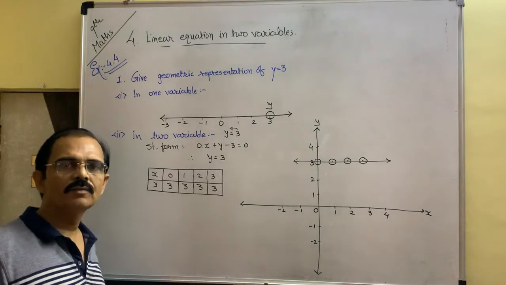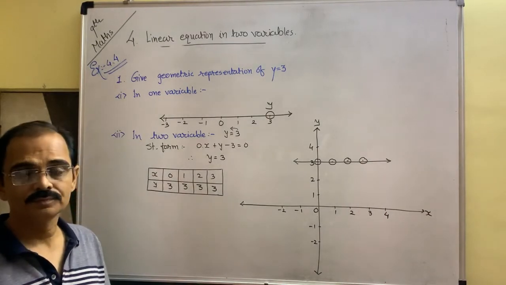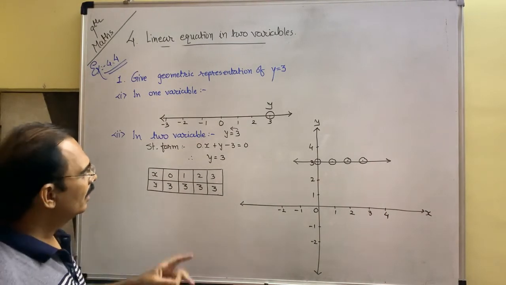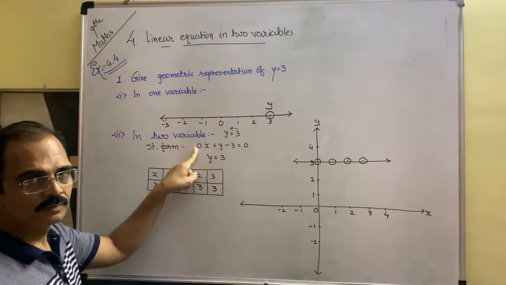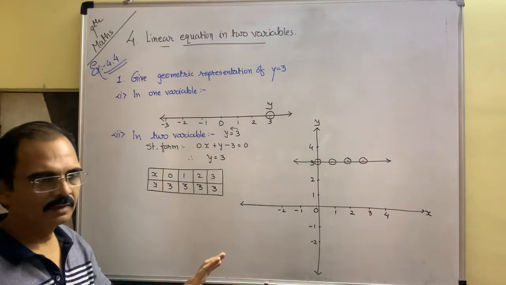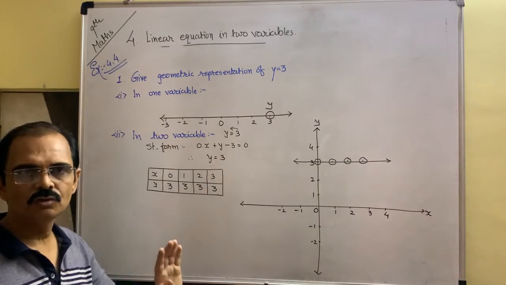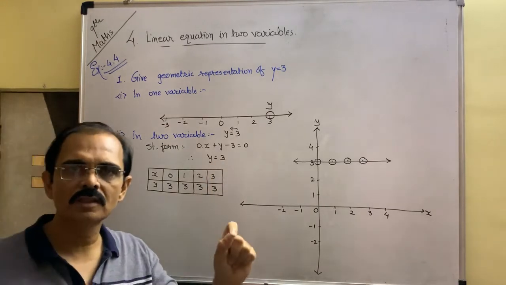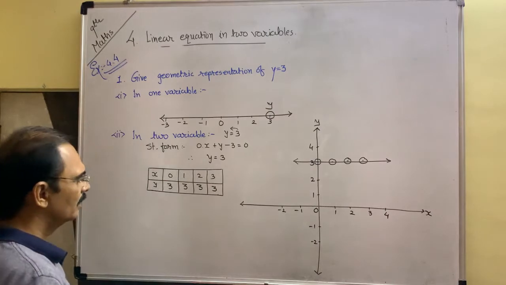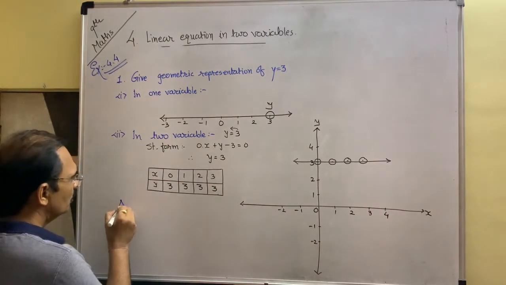From this graph you can derive what? If x is not given, if only y is given and some constant term is given, so y equals to constant, right? The important note is what?